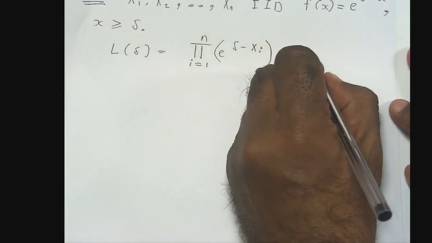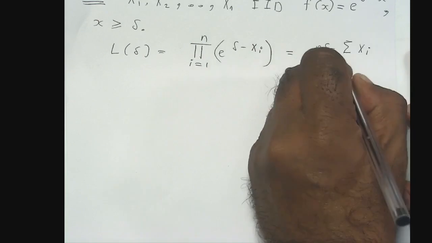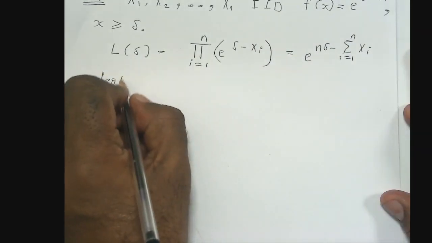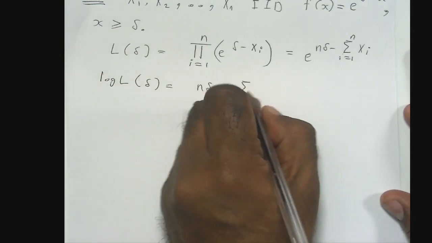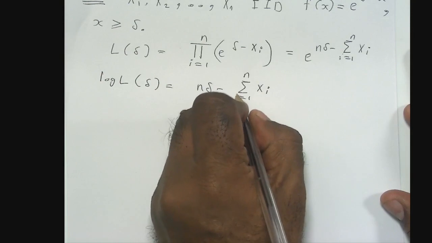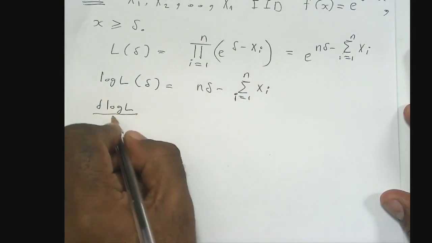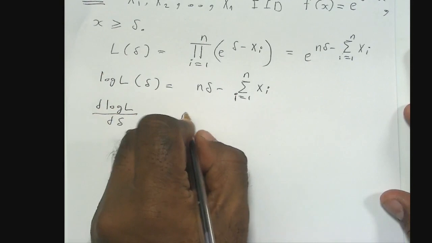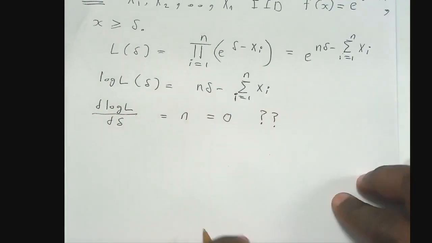You get e to the n delta minus the sum of xi. And then take the log. You get n delta minus the sum of xi. And then take the derivative with respect to delta. You get n equal to 0. It doesn't make any sense, right?